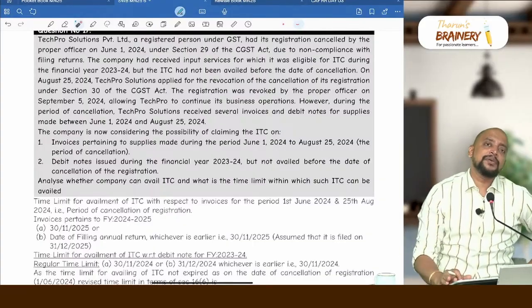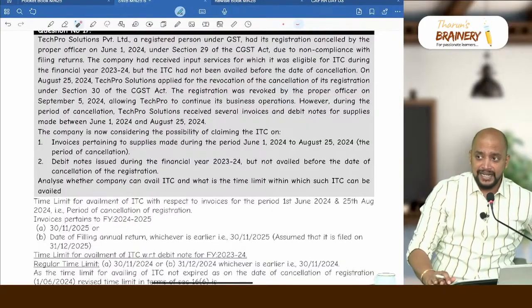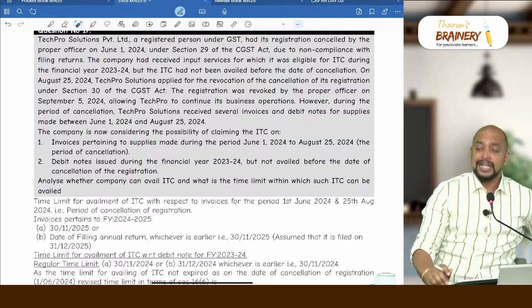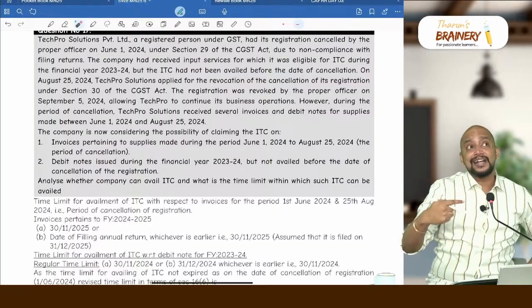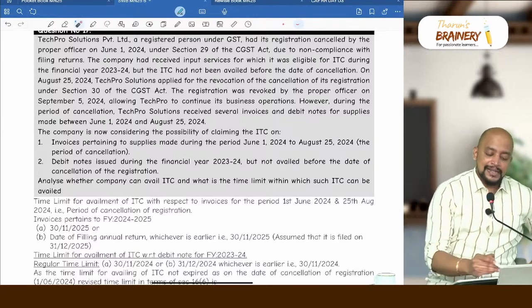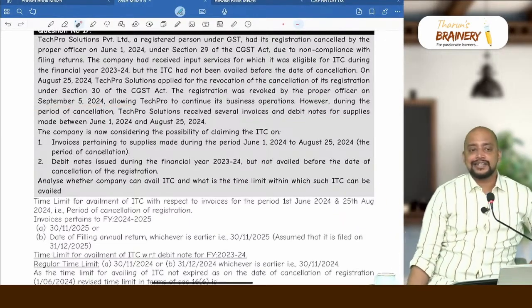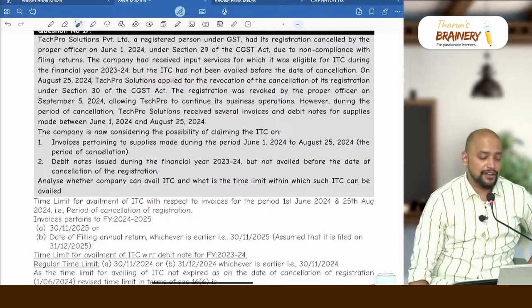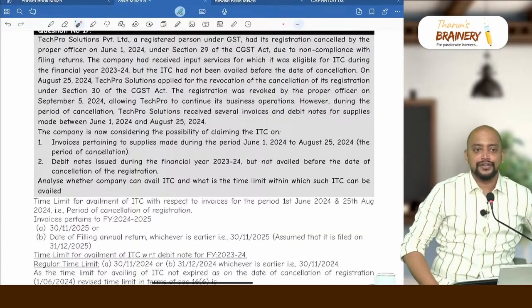What is the regular time limit? 30th November 2024 or date of filing and return, whichever is earlier, that is 30th November 2024. B, 30 days from the date of revocation order. What is the revocation order? September 5, 2024 plus 30 days, that is October 5, 2024, whichever is later is 30th November 2024 only.